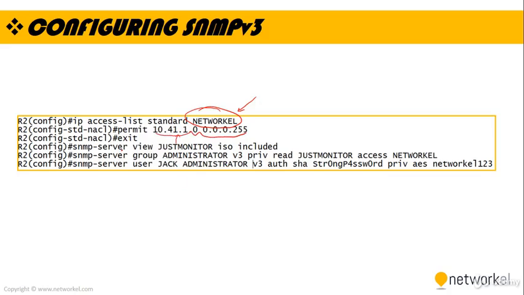Then we are using the snmp-server commands, snmp-server view, just monitor, iso included, and we are defining an administrator group, and we are defining the rights of that group, as you can see in here, and then we are defining a single user in here, as you can see in here.